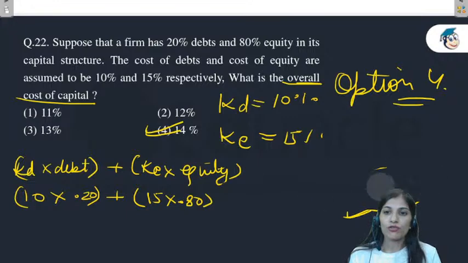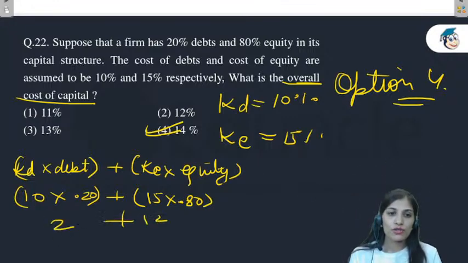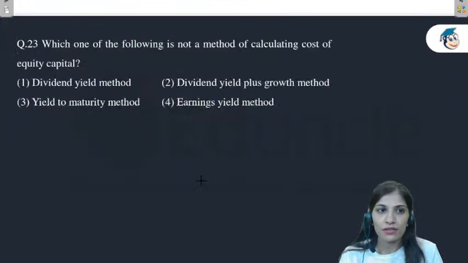I'm solving it over here. Plus 12, it is 14%. Right? Option number 4 is the answer.